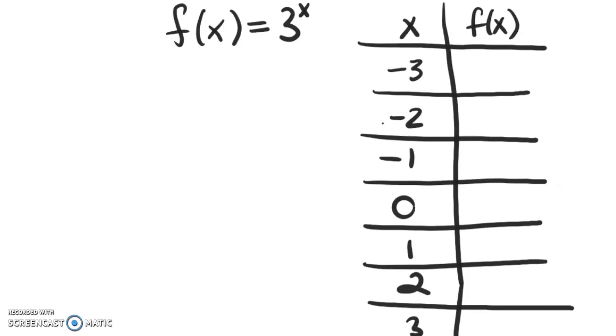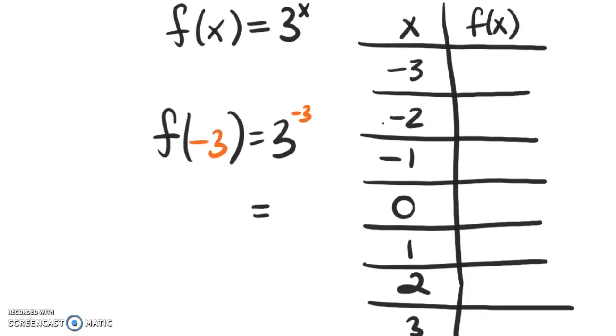So, for example, let's do the first one together. If I plug in -3 for my x, that means I have an input of -3. 3 to the -3rd power, remember what the negative exponents do? They make the base go to the denominator and the exponent turns positive.